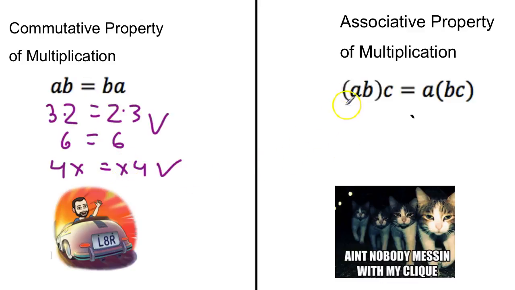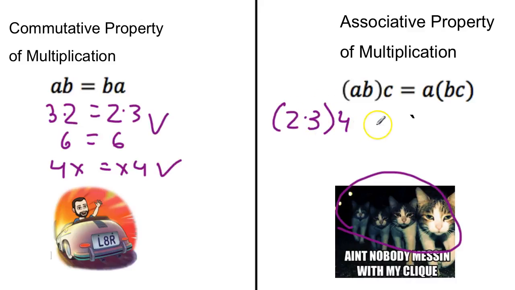What about the associative property of multiplication? If you remember from the example, your groups, I am friends with all these cats. These are my good buddies. So if I can reorganize in a group these multiplication numbers, will I get the same answer? Well, let's try. So if I group together 2 times 3 times 4, would that be the same as 2 times 3 times 4 grouped differently?